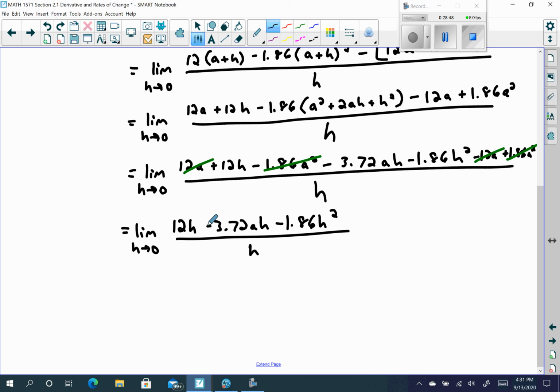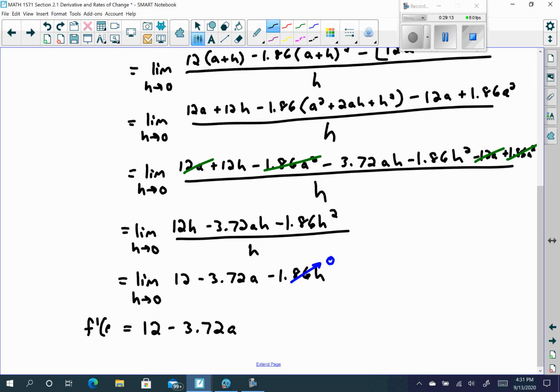Before we substitute in, divide everything by h, so we get the limit as h approaches 0 of 12 minus 3.72a minus 1.86h. Now h can go to 0, which means this last term becomes 0 when h is 0. We no longer need the limit notation, so it's just 12 minus 3.72a. So this is f prime of a, our derivative, or the instantaneous velocity when t equals a.